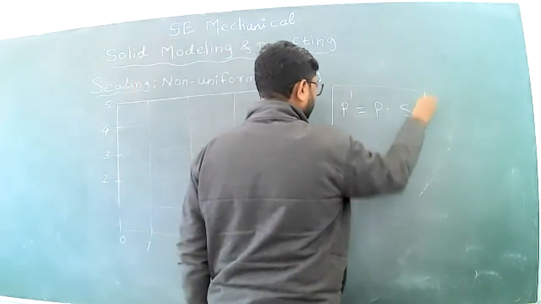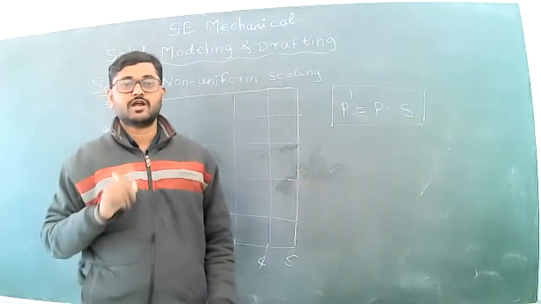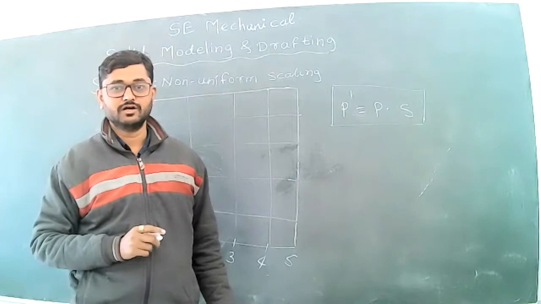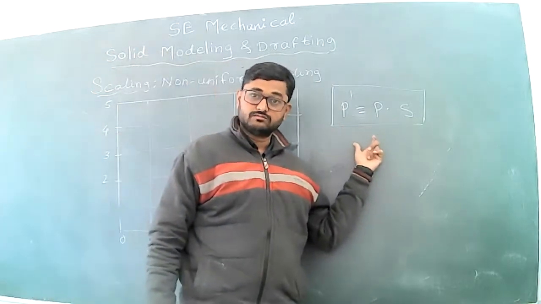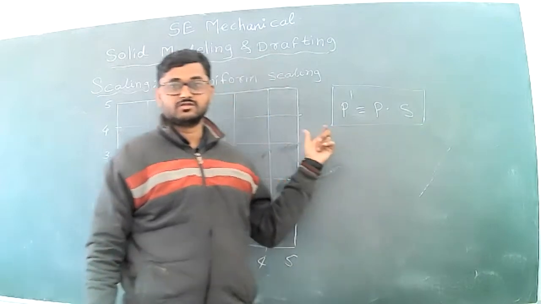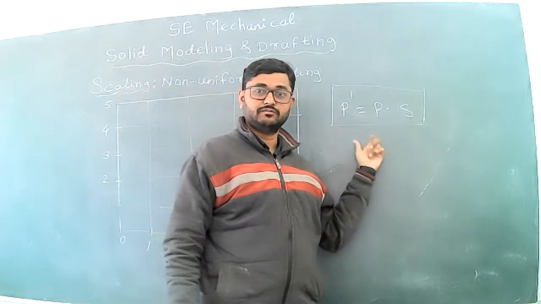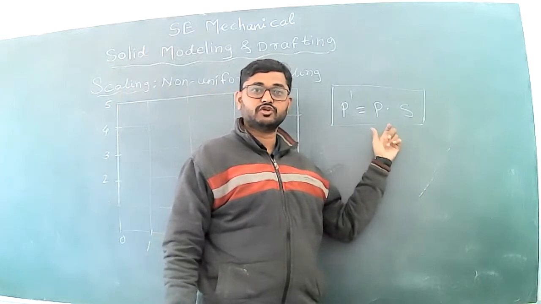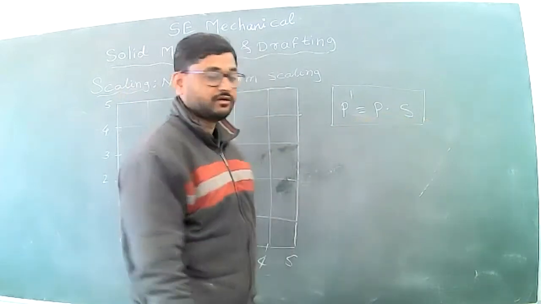P dash is equal to P into S. Okay. So scaling means what? The transformation alters the size of the object. Means here we have to find out the dimensions of object, that is dimensions of new object. P dash is equal to P, dimension of old object, into S, that is scaling parameter.